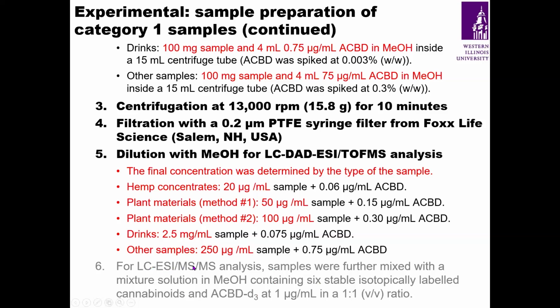For LC-ESI-MS analysis, samples were further mixed with a mixture solution in methanol containing 6 stable isotope labeled cannabinoids and also ACBD-D3 at 1 microgram per milliliter in a 1:1 volume ratio. However, we do not usually recommend this analysis.